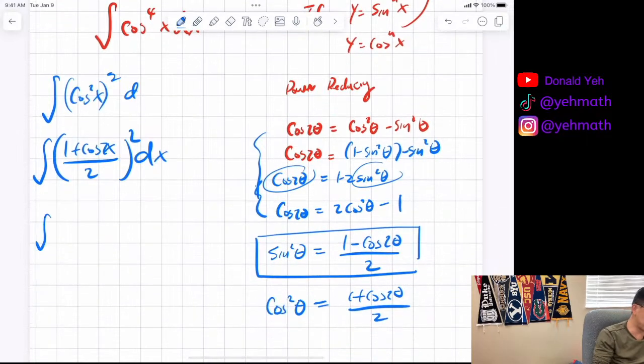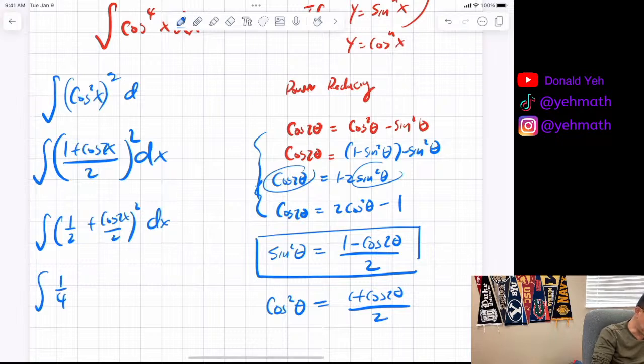Now for me, I probably expanded just like, okay, well, this is a 1/2 plus cosine 2x over 2. I'll expand it this way. So if I expand it this way, it's going to be what? 1/4 plus 2 cosine 2x over 2 plus cosine squared 2x over 4, dx.